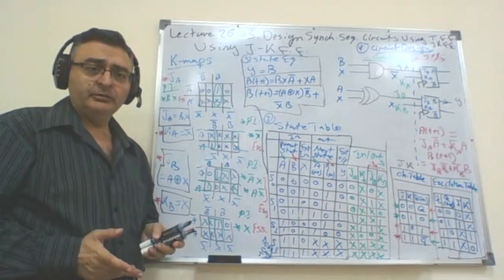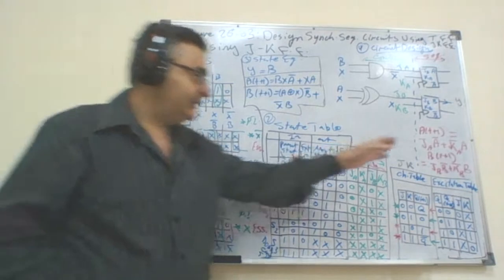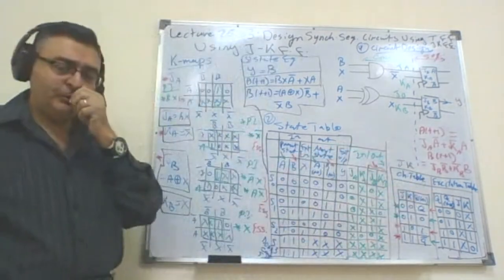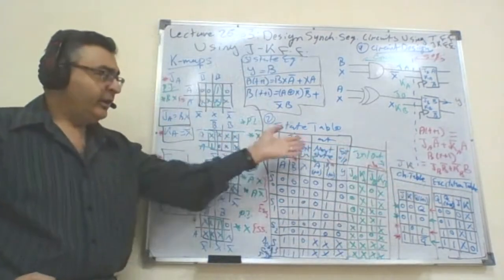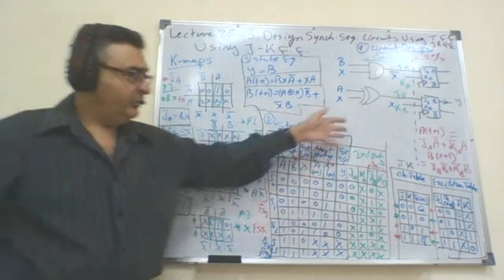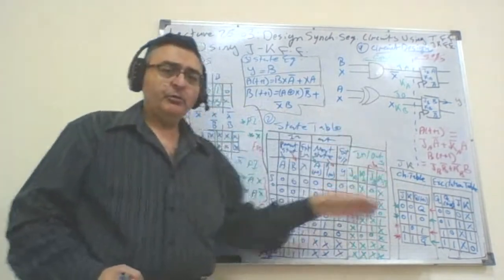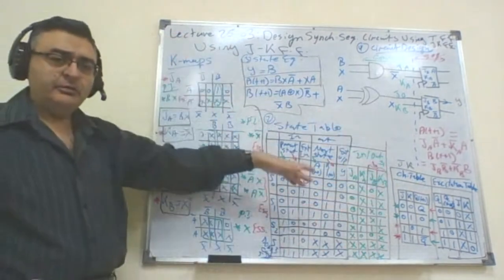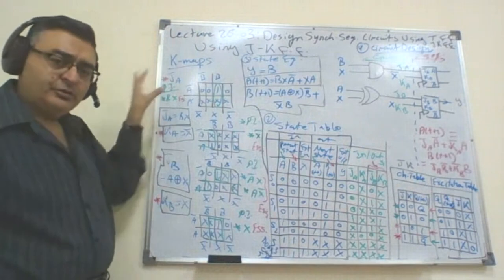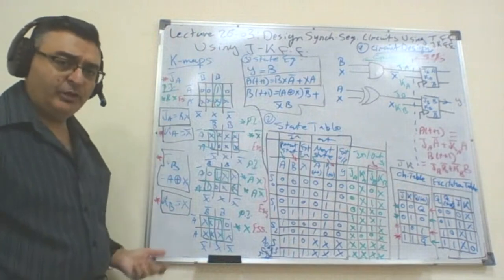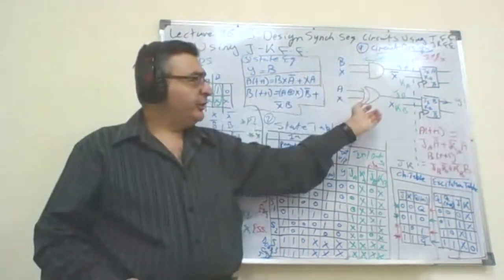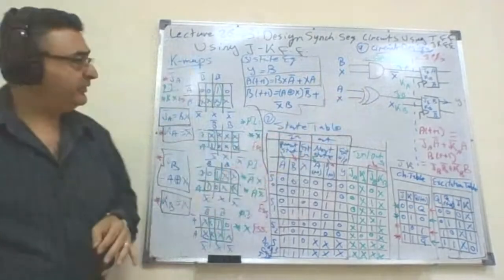We are done. From the excitation table, we will be able to complete the outputs for the state table or intermediate input outputs. We get 4 K-maps, simplify using K-maps, get the equations, put the equations on the drawing, and we get the circuit implemented.